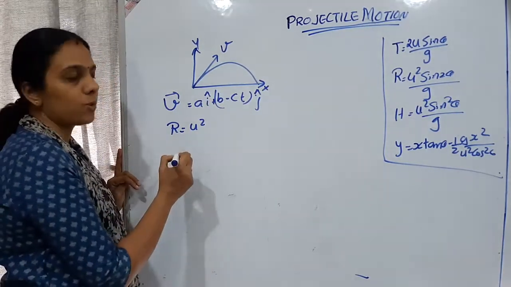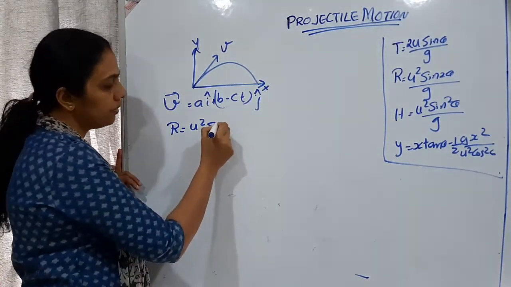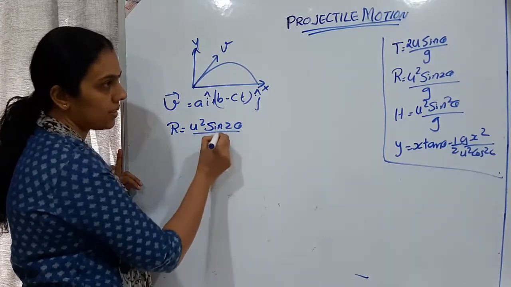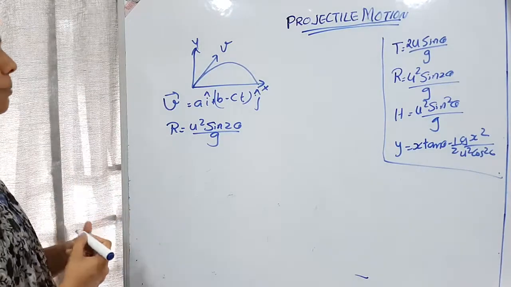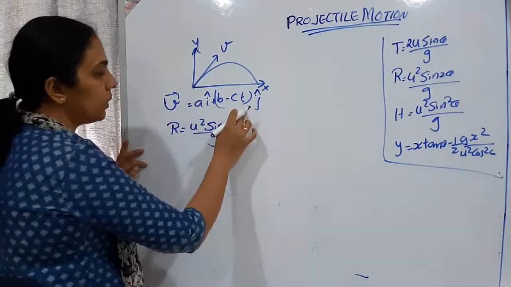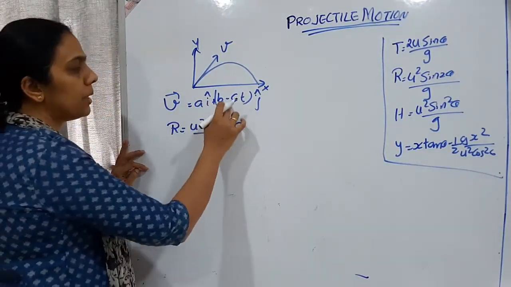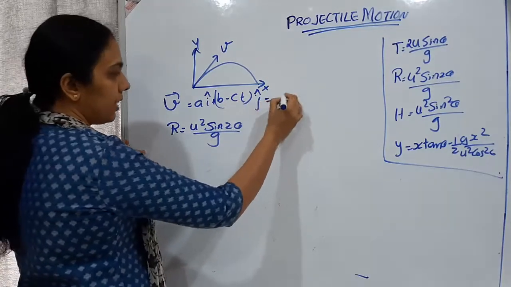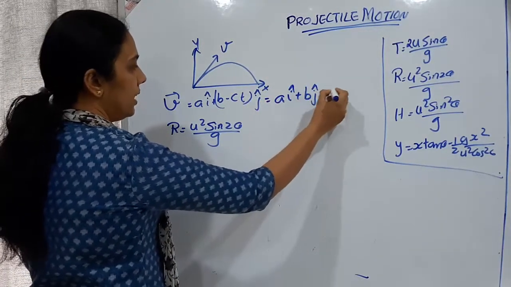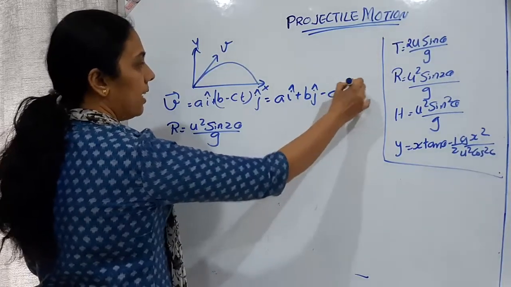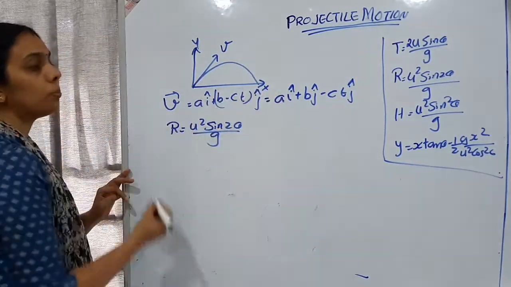In the previous class I told you about splitting this range equation into components, because here the velocity is given as ai plus (b minus ct)j. This I can write as ai plus bj minus ctj.